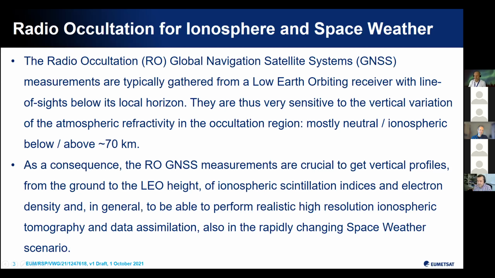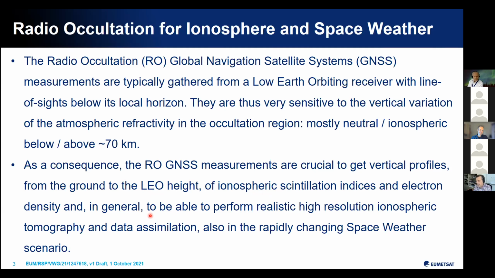This makes them very sensitive to the vertical variability, for both neutral refractivity, let's say below 70 kilometers, and for ionospheric refractivity, let's say above 70 kilometers. So this makes these kinds of observations very important to get high resolution vertical profiles, in particular of parameters very sensitive to space weather, like ionospheric scintillation indices and electron density.